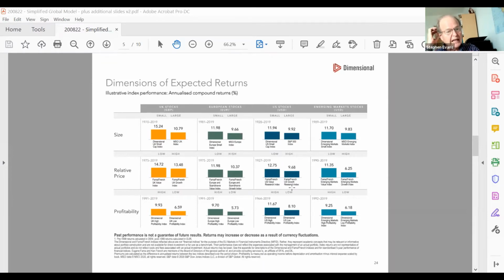Value, again, across the world, value companies, those that are priced relatively lower, have outperformed the opposite stocks, which are known as growth stocks.